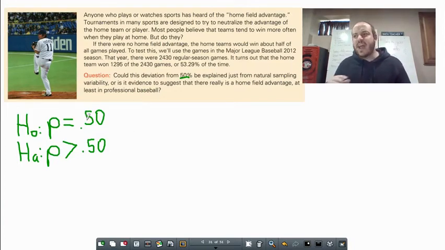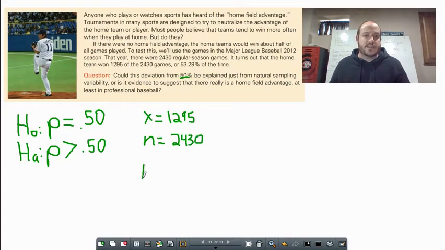Now, after we go ahead and write down our Ho and our Ha, then we should make sure we still have all the other bits of information we may need. So for example, they do give us x, our number of successes, which was 1,295. And then they also give us n, our total number in the sample, which was 2,430.